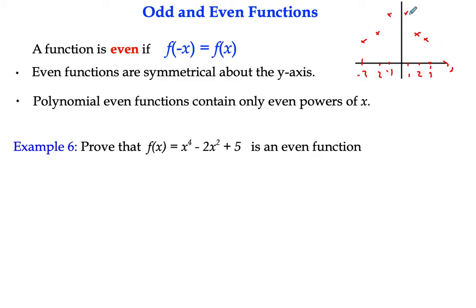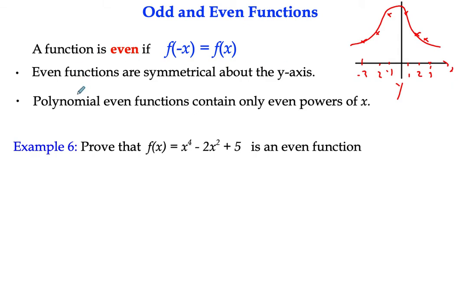So every y value is the same for positive and negative values of x. So you're going to end up with some kind of symmetrical function. Okay, so they're symmetrical about the y-axis because they've got matching y coordinates on either side of the y-axis.